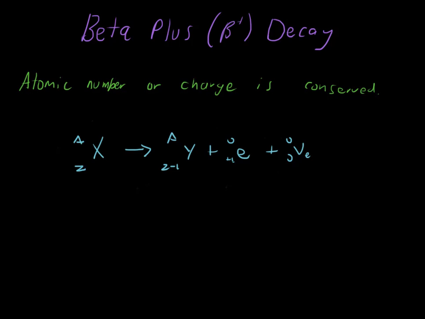Now, as we can see, our plus 1 charge is balanced out by our minus 1 here, and our 0 charge here, giving us a net constant charge across the equation.